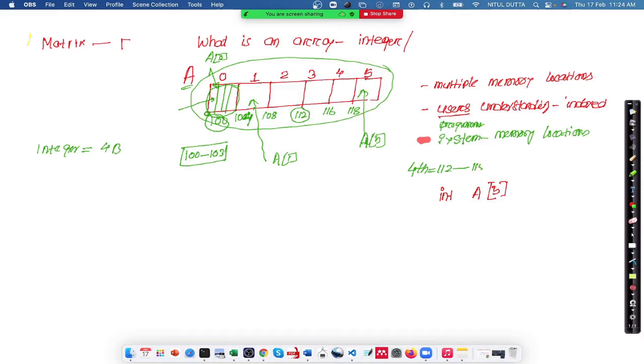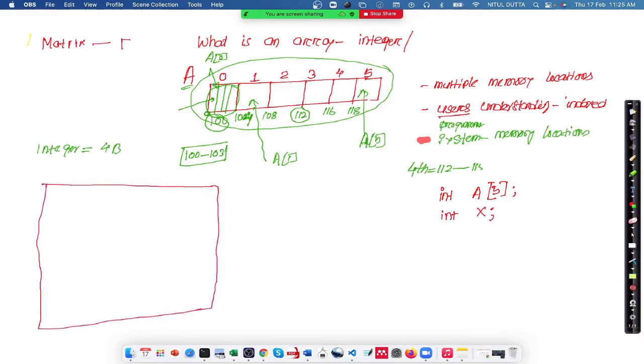At the same time, we can also have one declaration like integer x. If that is the case, then what will happen? It is all about the main memory that is allocated for the program. Inside the allocated memory space, it will have two declarations for this. These locations are reserved continuously. 5 locations will be reserved, 1 2 3 4 5.